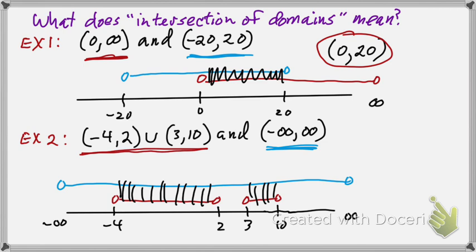So here, the interval of the domain would be what? -4 to 2, union 3, 10. In other words, just like the first thing. Because I'm seeing, where's the overlap? Well, it's that first interval. All right, let's keep going.